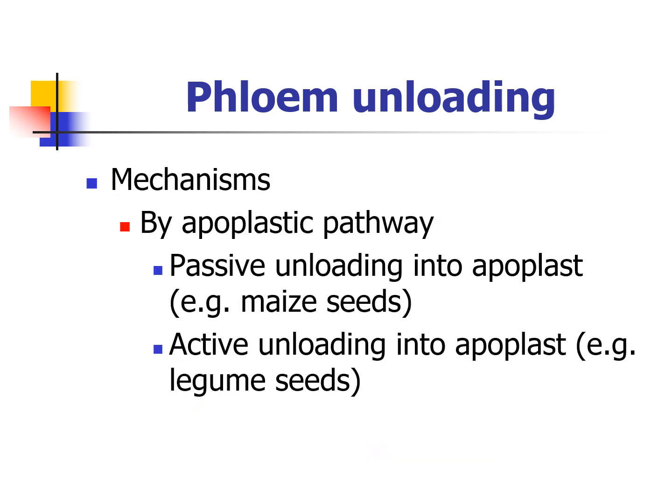Another mechanism of phloem unloading is by the apoplastic pathway, which could involve passive unloading into the apoplast, as shown in maize seeds, or active unloading into the apoplast, as shown in the legume seeds.